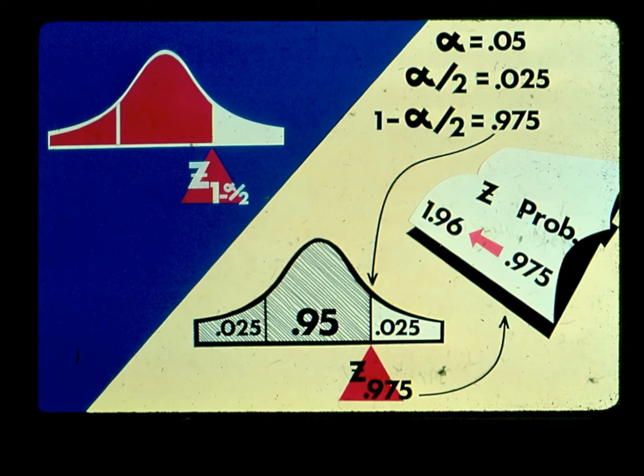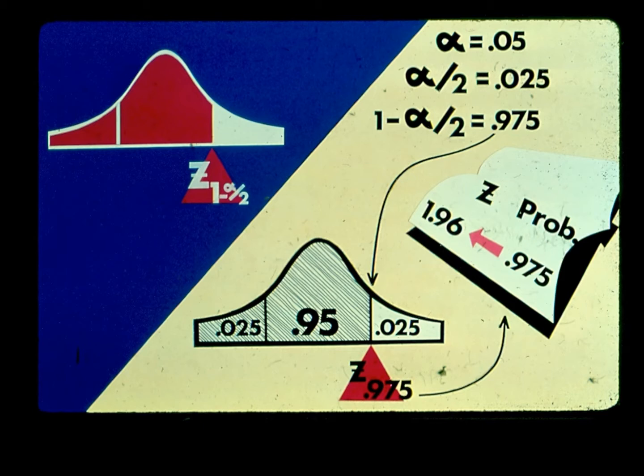This multiplier and its point on the z-curve is shown again in the upper left, and an example is worked on the right. Suppose alpha equals 0.05, then alpha over 2 equals 0.025, and 1 minus alpha over 2 equals 0.975.